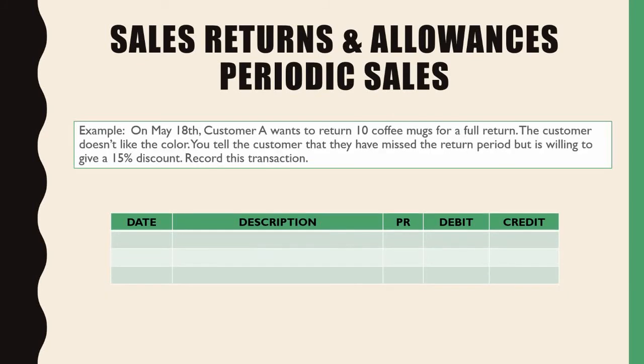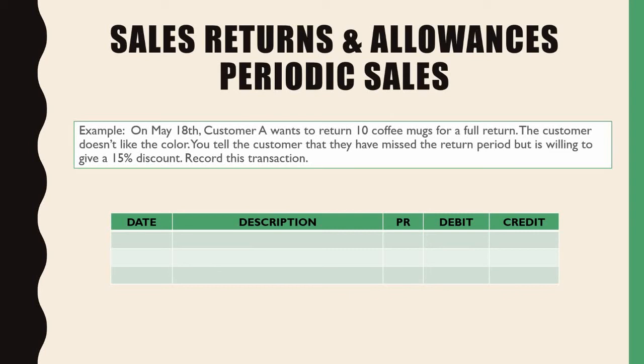Okay, now scenario 2. Let's say it is now May 18. Scenario 2 shows us that they didn't return the first one. Customer A wants to return 10 coffee mugs for a full refund. However, the company policy was full refunds. I'm sorry, I'm reading the wrong one. In this case, they want to return coffee mugs for a full refund because the customer decides to say, I don't like the color.